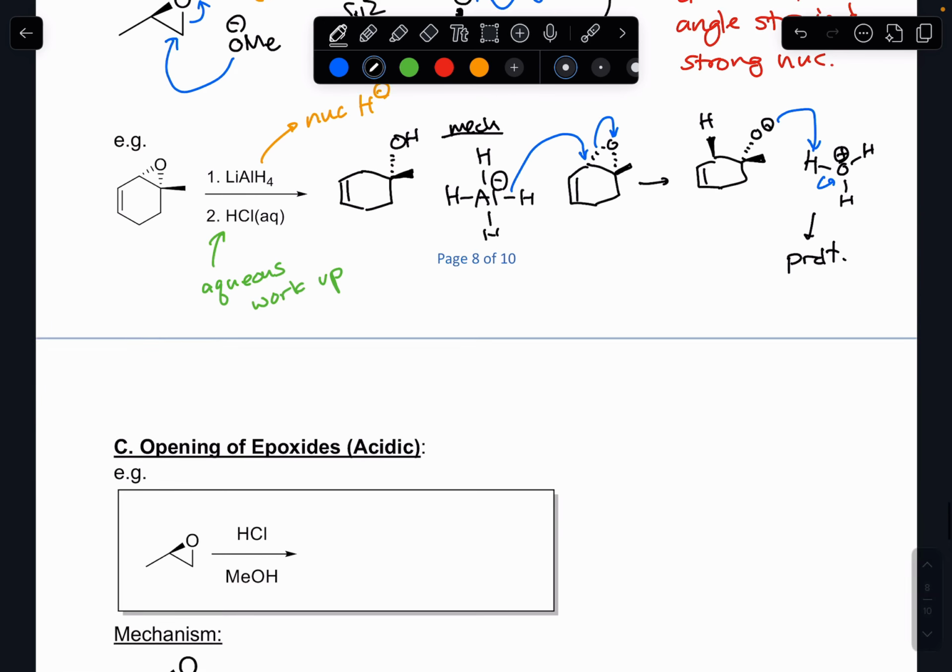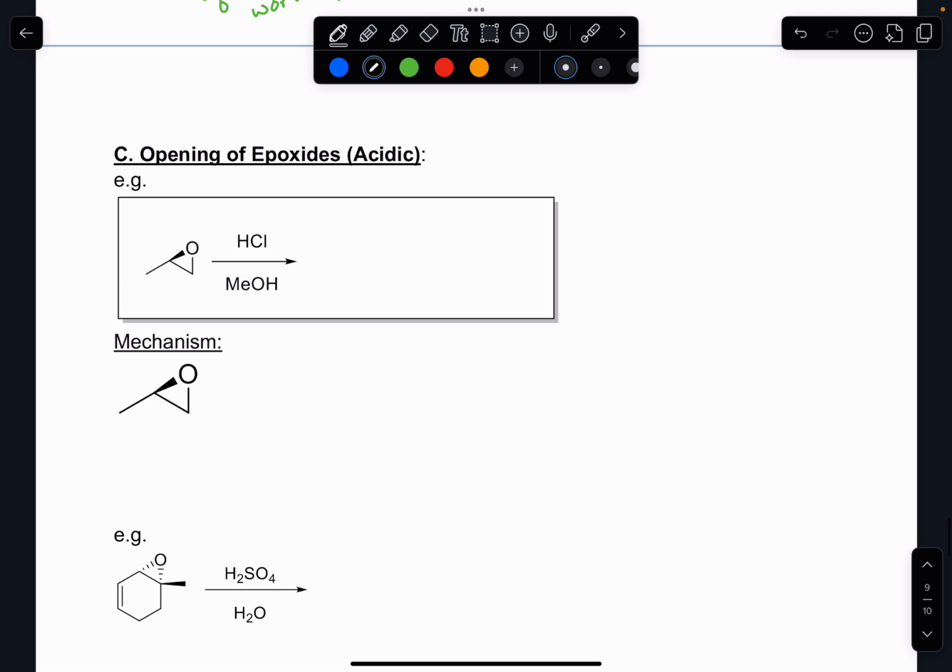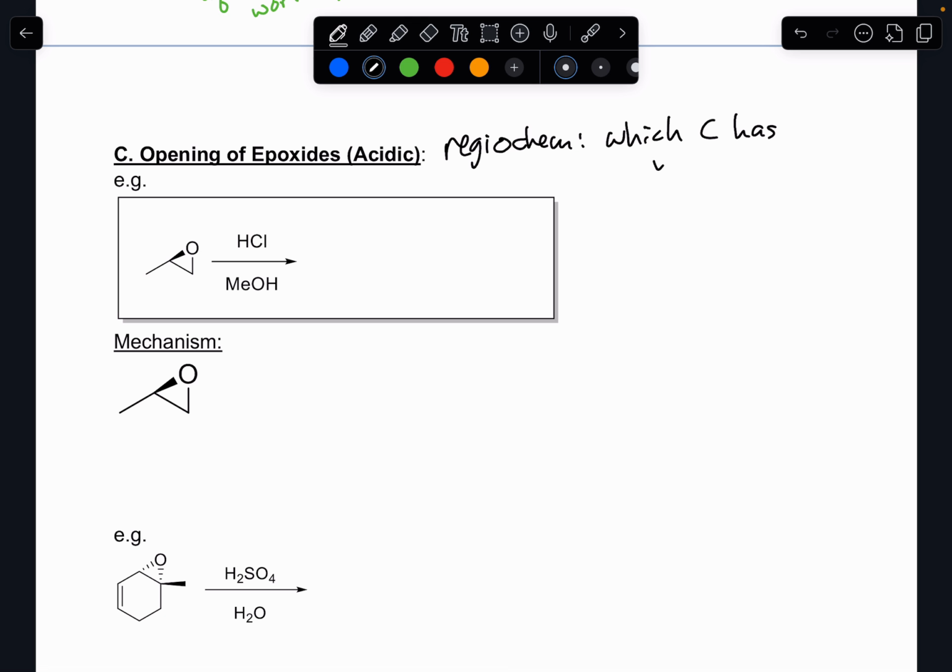Okay. Now, can you open the epoxide? Can you open epoxides under acidic condition? And it turns out you can. And here the deciding factor is regiochemistry. The deciding factor is going to be which carbon has more partial positive charge.